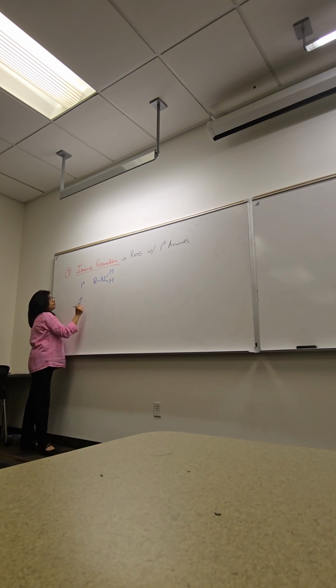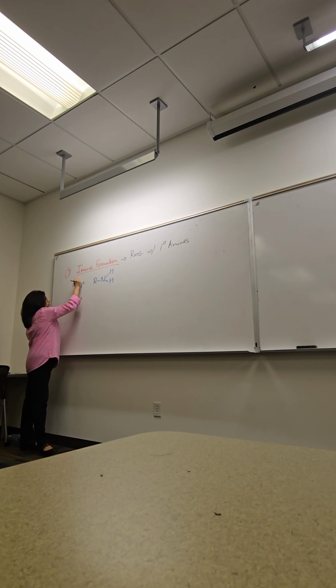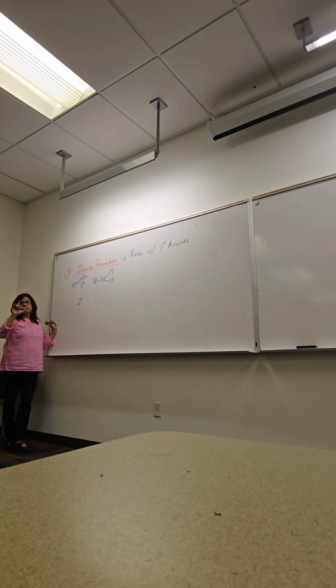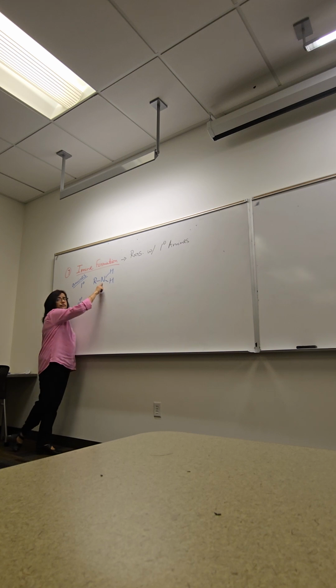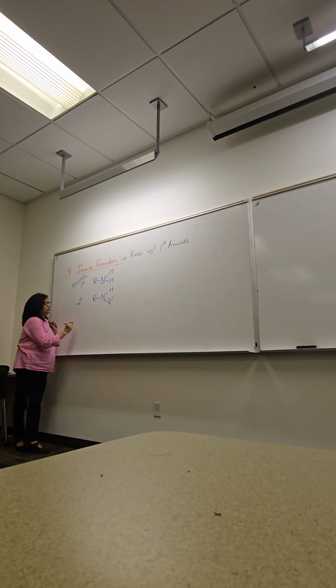Secondary amine, just to remind everybody, this is for amines. That's where amines are different from alcohols. How you decide whether an alcohol is primary or secondary or tertiary is based on the carbon the alcohol is attached to. But for amines, it's based on the nitrogen. A secondary amine is where the nitrogen is connected to two R's and one hydrogen.